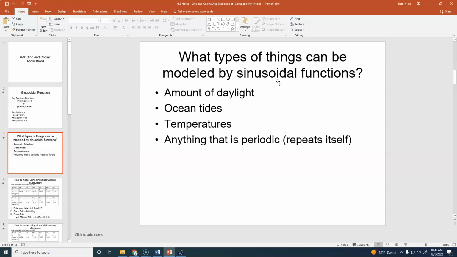So, right now we're getting close to December 21st, which is our shortest day of the year, right? So we have very little daylight. Then it will get longer till the summer. Then it will get shorter again, and that just continues every year, right?